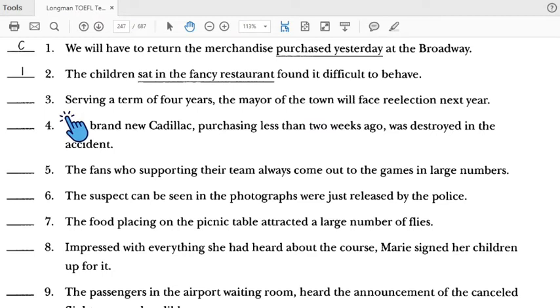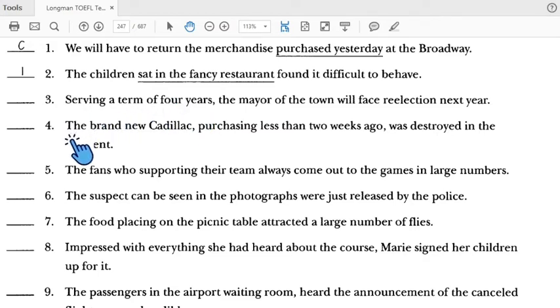Okay, number three, serving a term of four years, the mayor of the town will face re-election next year. Okay, it's the reduced one: which served, we reduce which and served. Okay, serve we change to serving. Okay, so that we can put it in the front. So number three is correct.